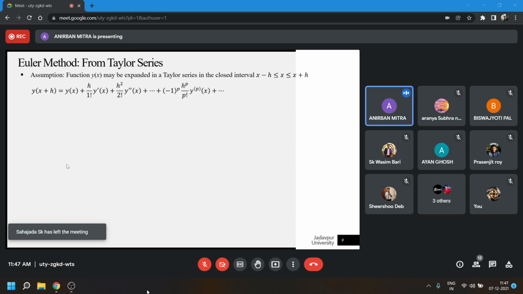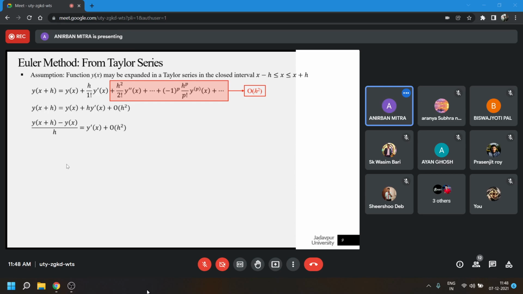where y^(p)(x) is the pth derivative. In this expansion, if we consider only the first two terms, that is y(x) plus h by 1 factorial y dashed x, and club together all the other terms as order of h squared terms, then we can write it like this and manipulate the terms in such a way that we have y dashed x is equal to y(x plus h) minus y(x) divided by h, plus all the order of h squared terms.